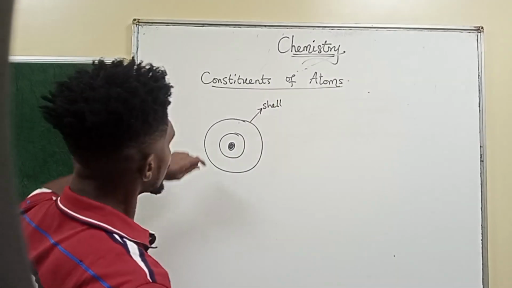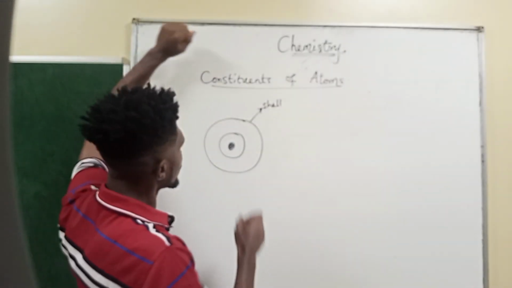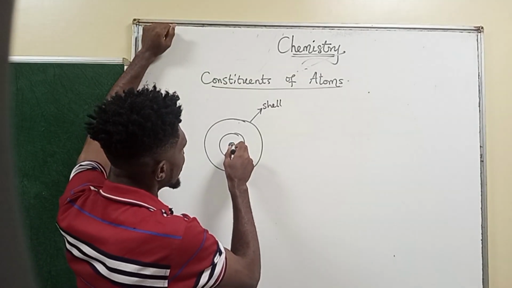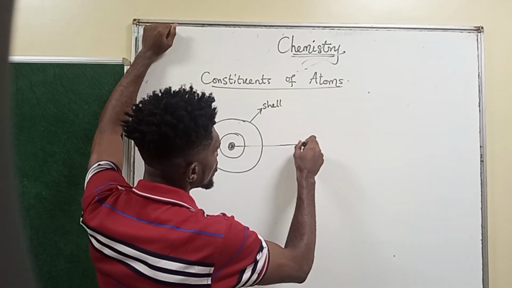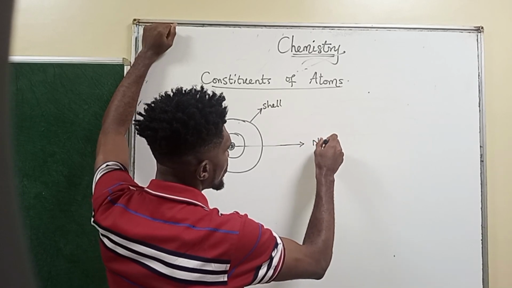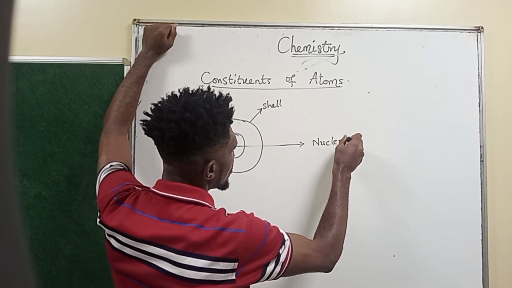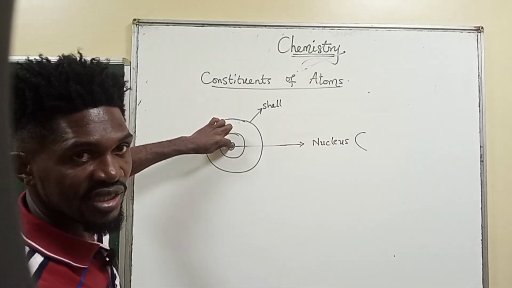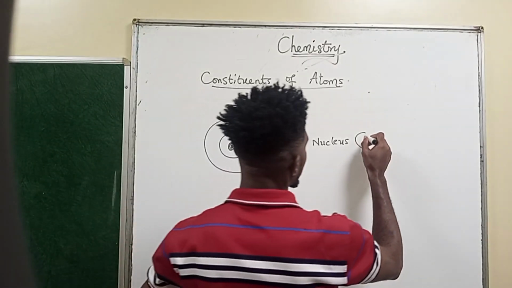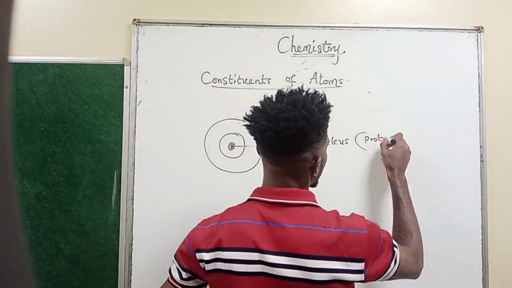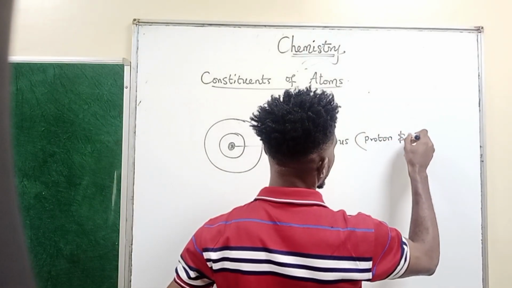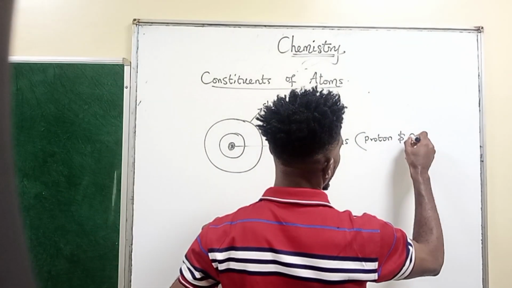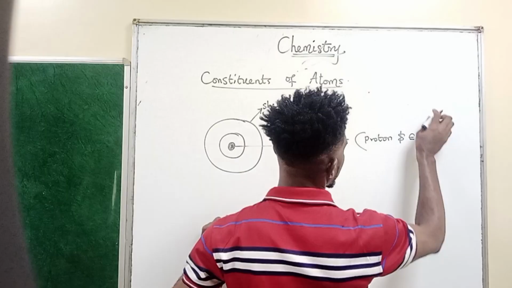But then, the main constituent of atom is we have this dense center. This dense center is called nucleus. And the nucleus contains, inside this nucleus, the center, we have proton and neutron.